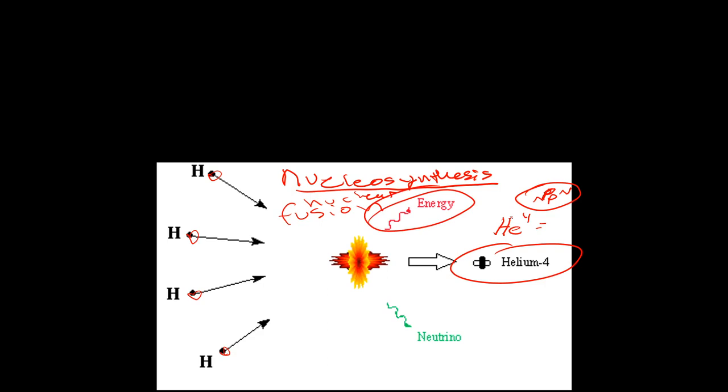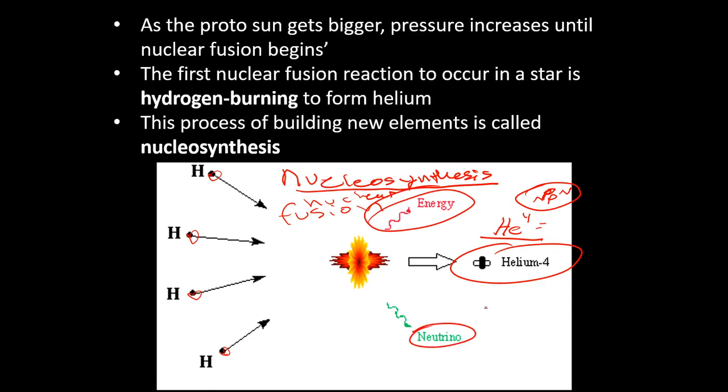That makes a helium-4 atom, and it releases a particle called a neutrino. Okay, you don't need to know that, but you do need to know that hydrogen comes together to form helium, and it releases a tremendous amount of energy.